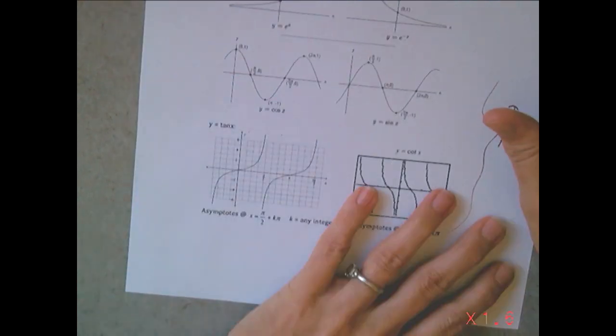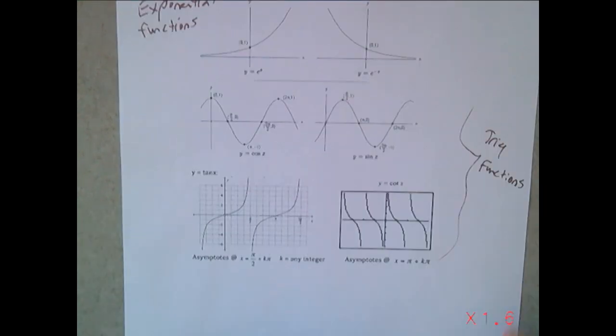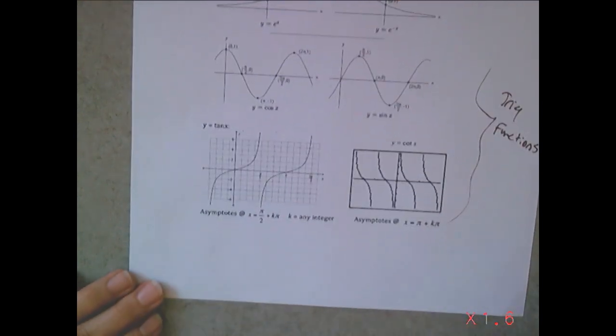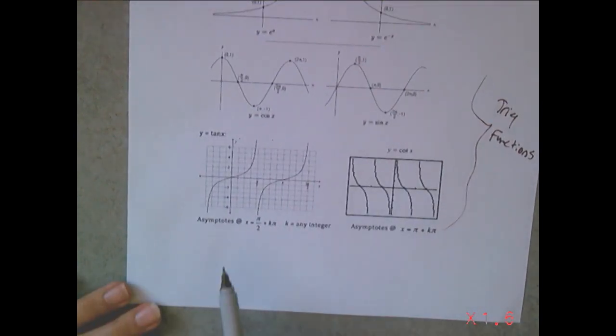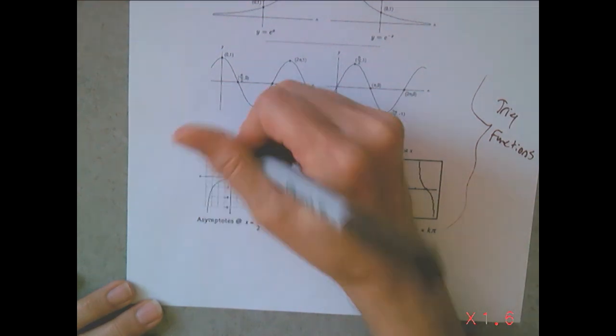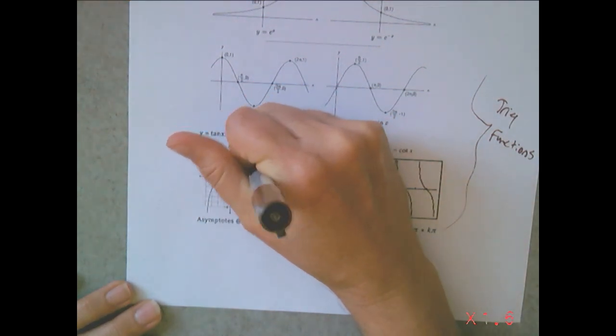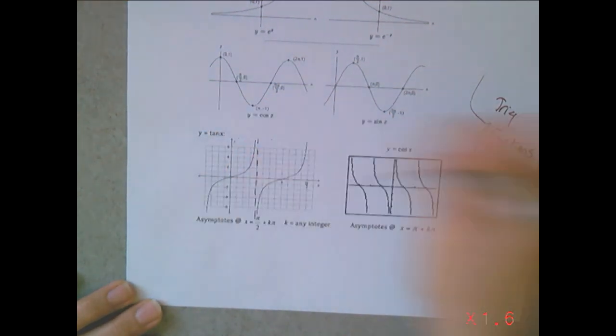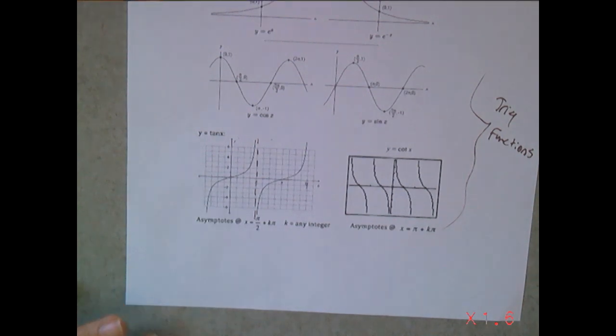What is interesting in trig functions and rational functions is the idea of an asymptote. So if we look at tangent, there are an infinite number of asymptotes. What's an asymptote? Well, it could be vertical or it could be horizontal, but an asymptote is a line that a curve approaches.